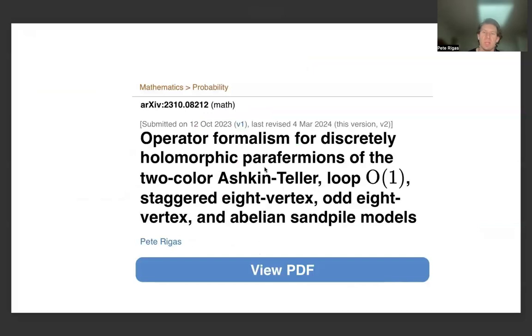And this is very much related to another preprint and previous work that I alluded to in the overview slide for this presentation at the beginning, in which we were looking at an operator formalism for discretely holomorphic parafermions for the two-color Ashkin-Teller, the Lupov-1 staggered 8 vertex, odd 8 vertex, and abelian Sampao models.